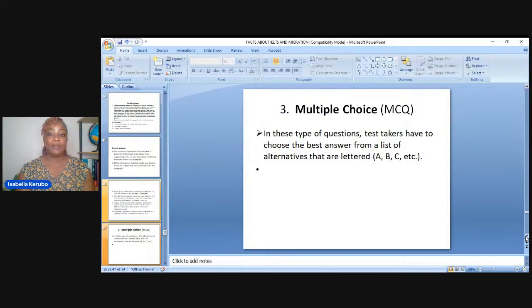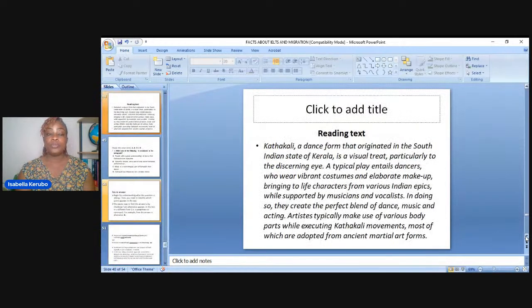It could be A, B, C, or A, B, C, D. Whichever options you're given, you are required to choose one best answer. Again, I will take you through an example for us to understand better.